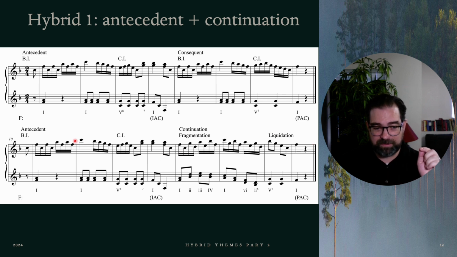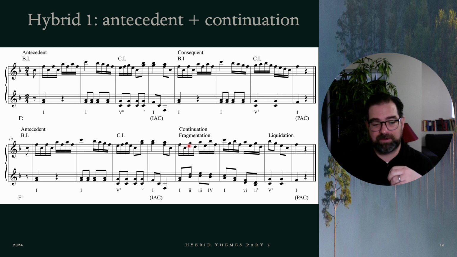But what I've done is I've attached it to the antecedent phrase. There's no sequential repetition, exact repetition, or statement response that you'd expect in a sentence, and it goes straight into the continuation. So let's go ahead and listen. You're going to hear the period first, and then you're going to hear this hybrid 1 theme. And you can just kind of listen to that and see how it changes the music just a little bit.